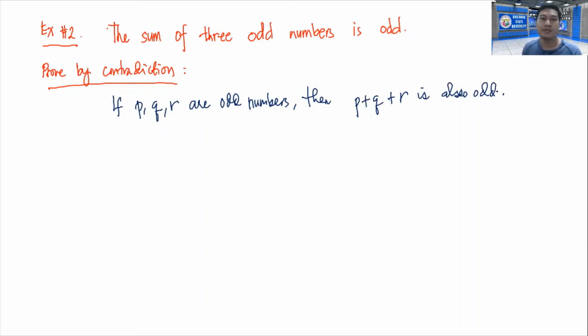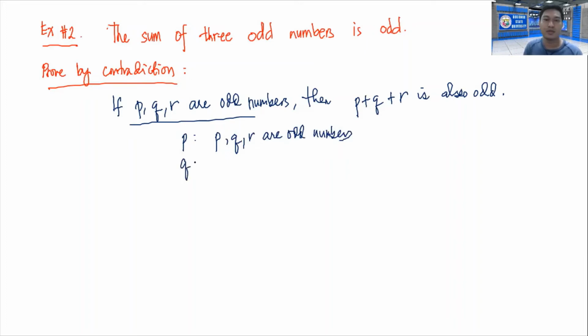So to do it by proof by contradiction, the first thing we need to do is identify the P and the Q. Our P here is: p, q, r are odd numbers.